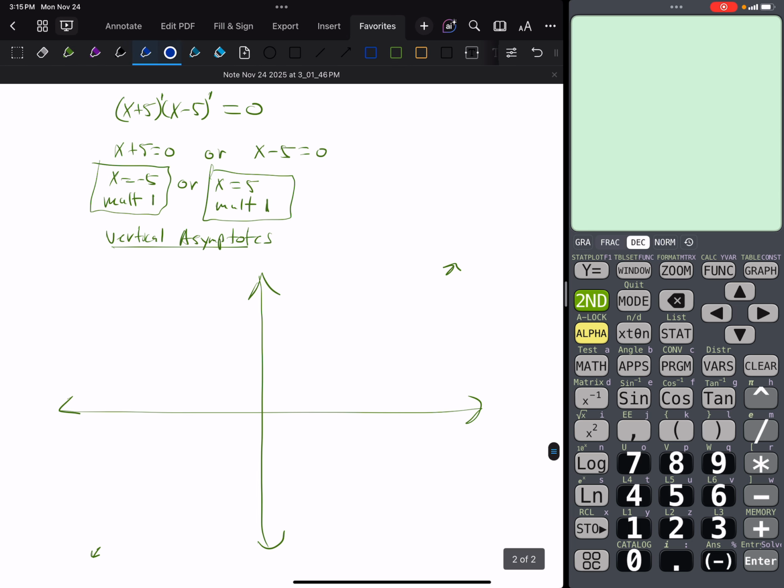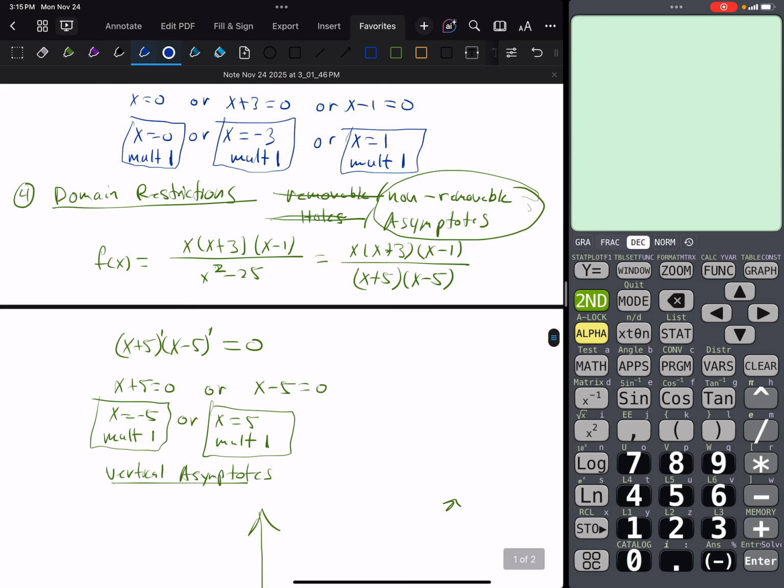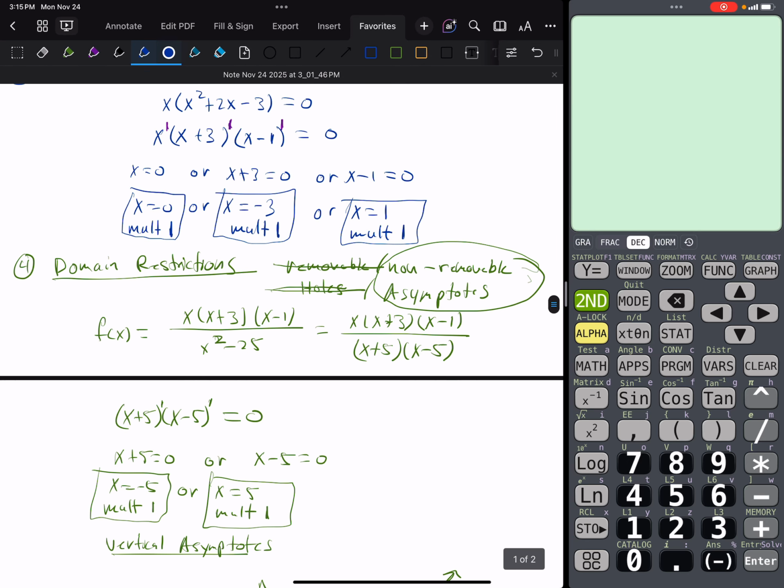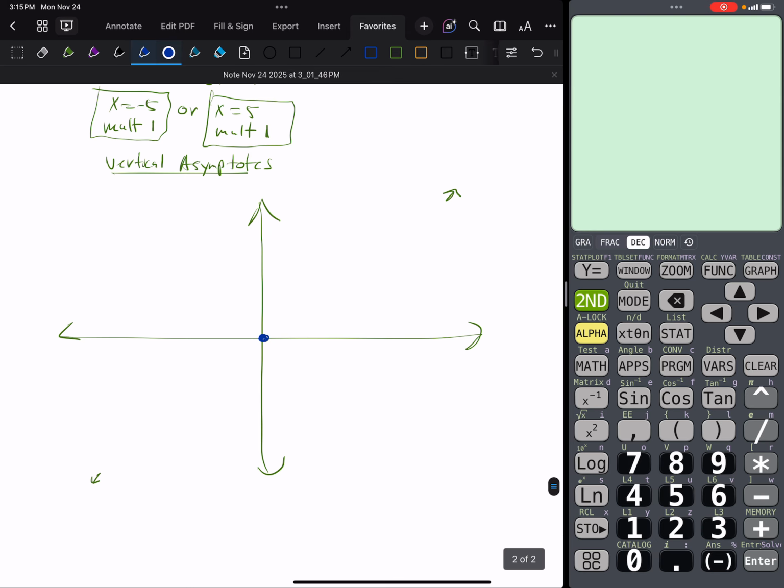And so I'm going to put a dot here at 0. And then my x-intercepts were at 0, negative 3, and 1. And so I've got 1, 2, 3, and 1. I already had the one at 0 because it was also a y-intercept, and the 1 at 1.